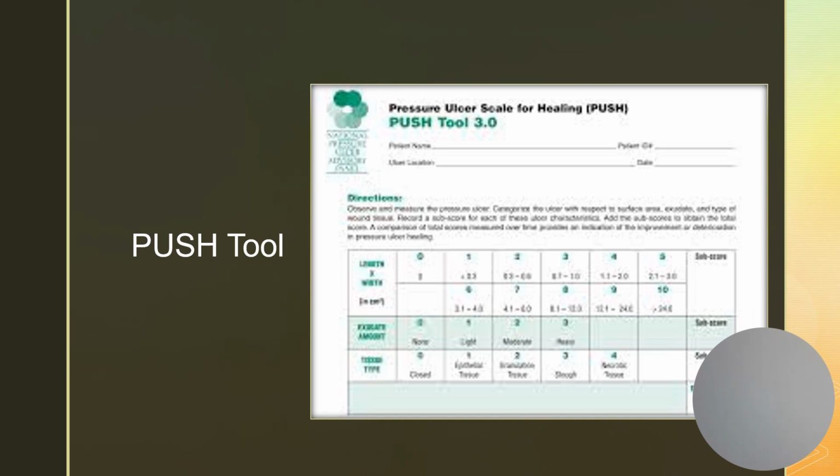Again, this is going to give us a measurement, and nurses like to have measurements to determine improvement or deterioration or maintenance. So it's a good tool. This is usually done once a week, and we will measure wounds once a week.